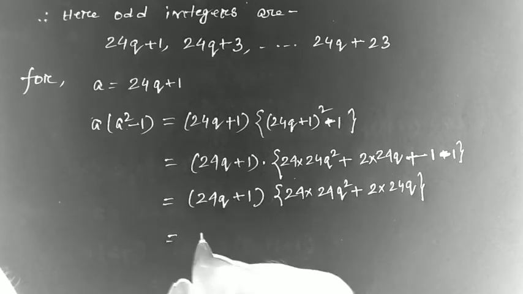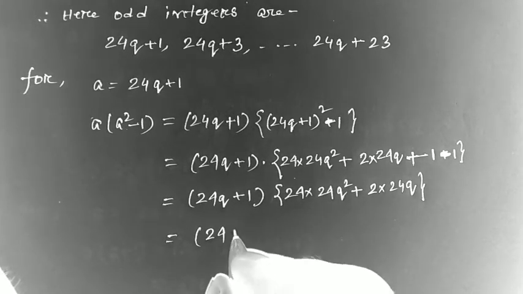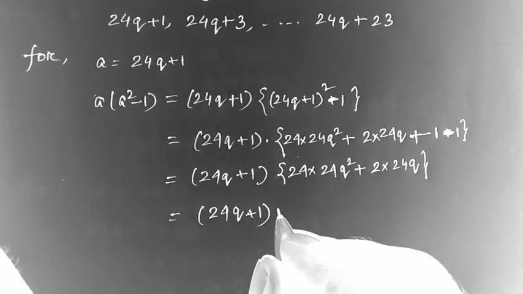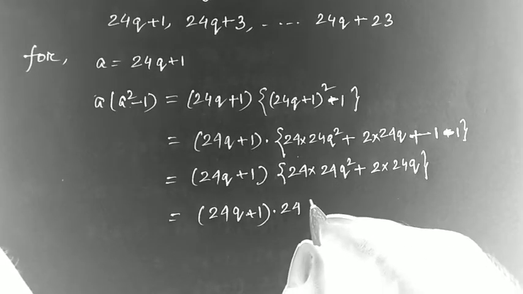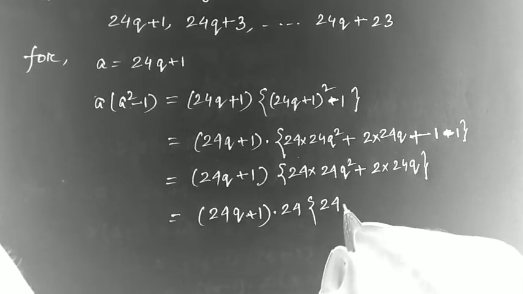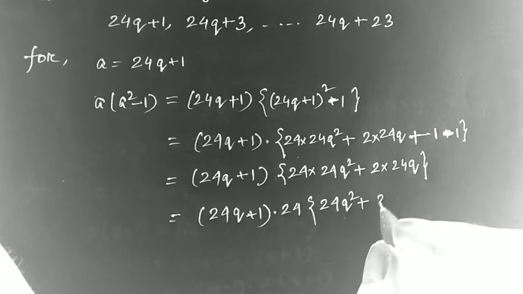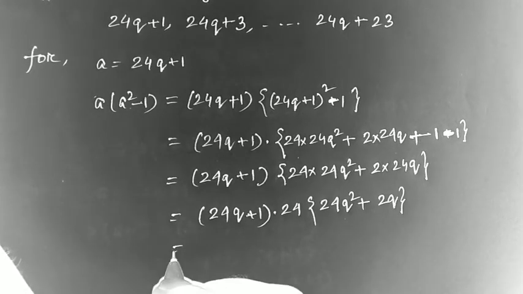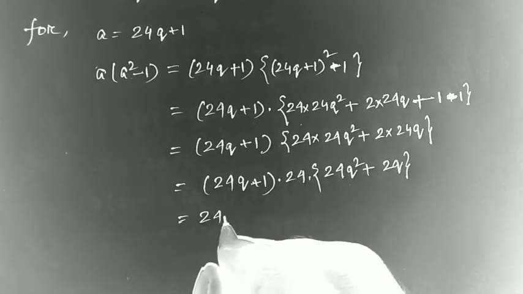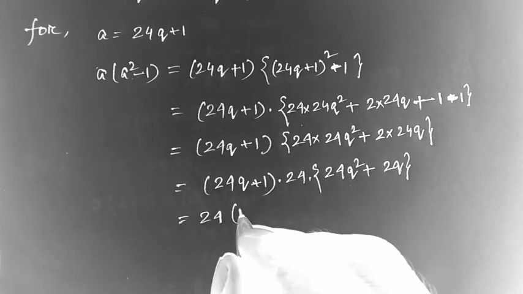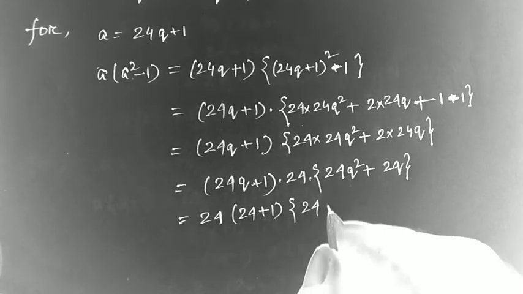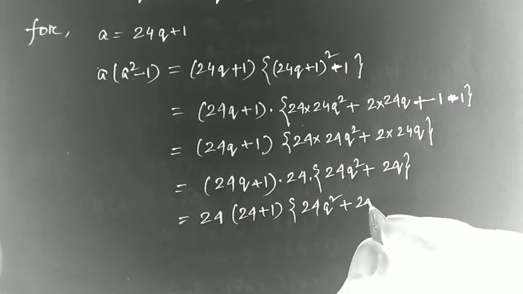From these two terms, 24 is common, so 24 is taken out, and here 24 q square remains, and here 2q remains. So we can write 24 in front, times 24q plus 1, and here 24 q square plus 2q.